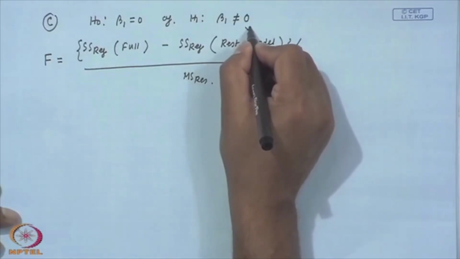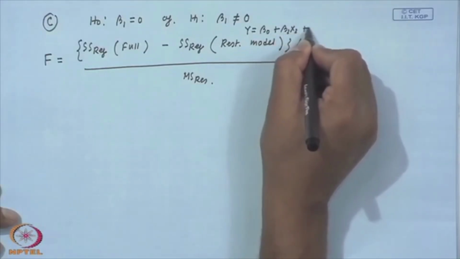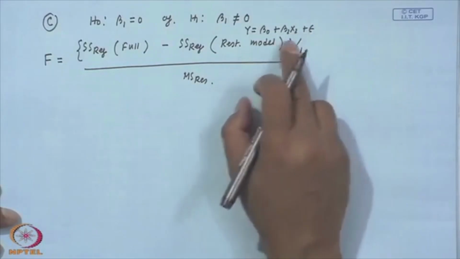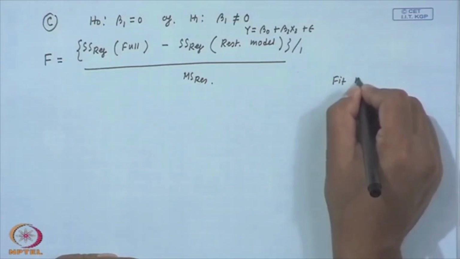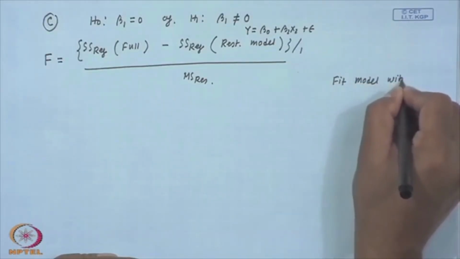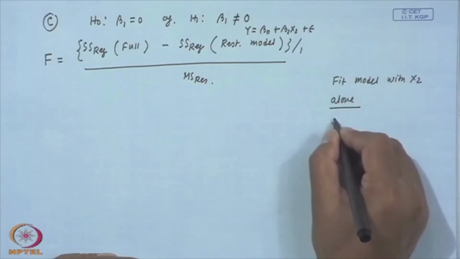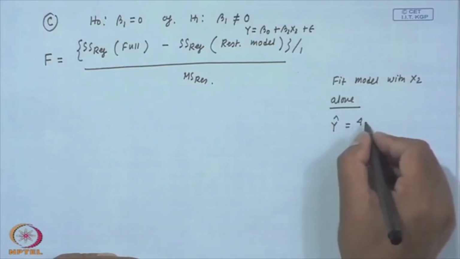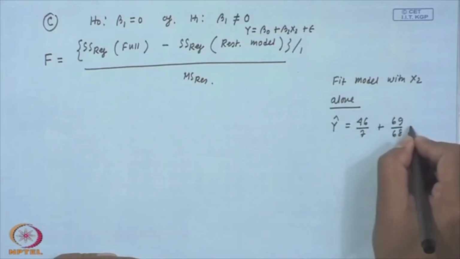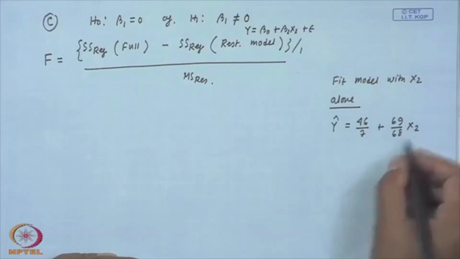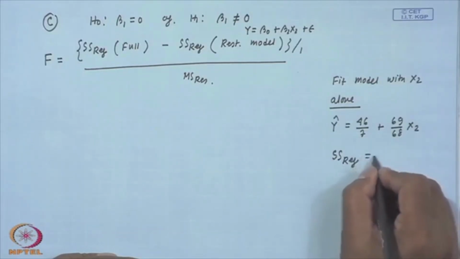The restricted model is y equal to beta naught plus beta 2 x 2 plus epsilon, because the restricted model is the model under H naught. So, again you have to fit the model with x 2 alone, and you can check that the fitted model is y hat equal to 46 by 7 plus 69 by 68 x 2, and once you have the fitted model you can find out the SS regression.